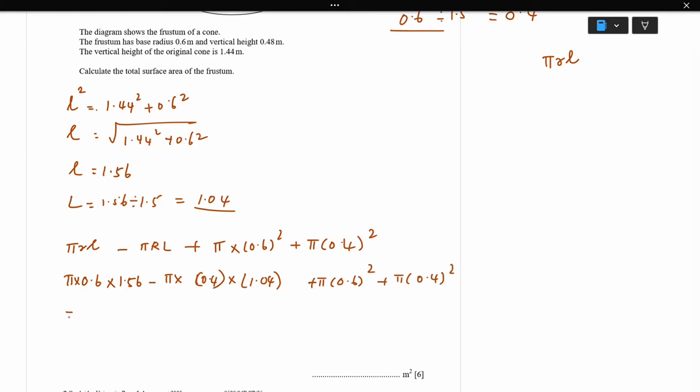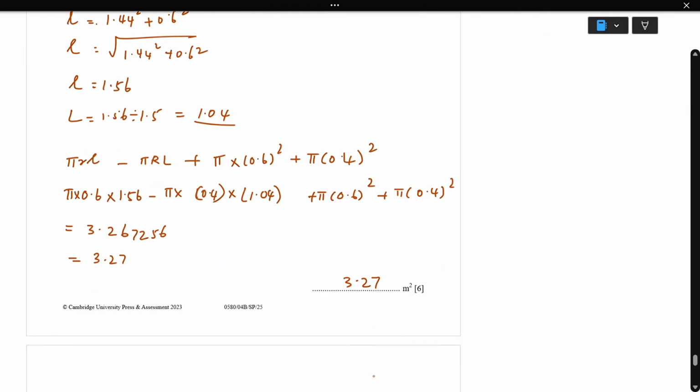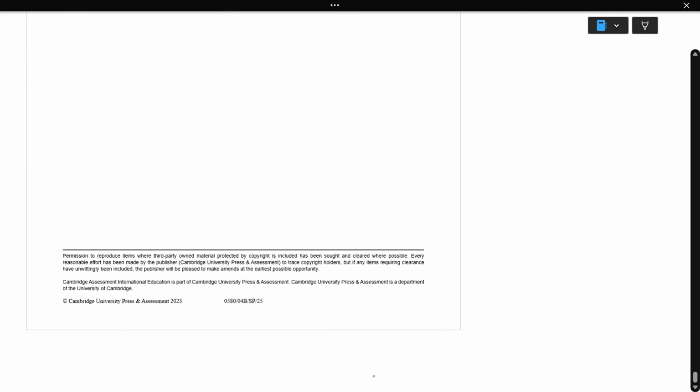When we use the calculator and add them all up, we get 3.267256. Rounded to 3 significant figures, that is 3.27. 3.27 is the correct answer. That's the end of the sheet.